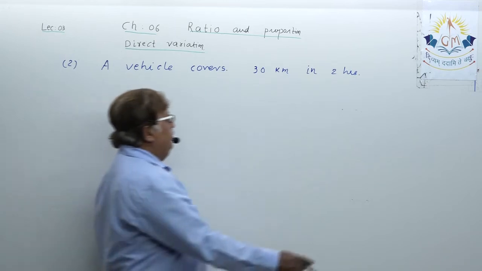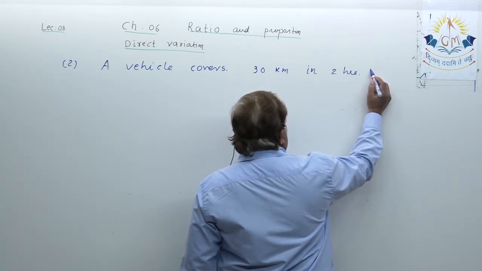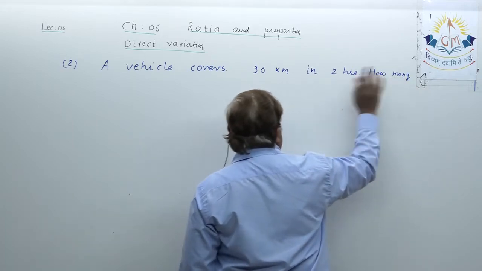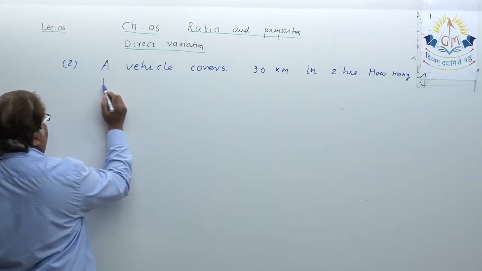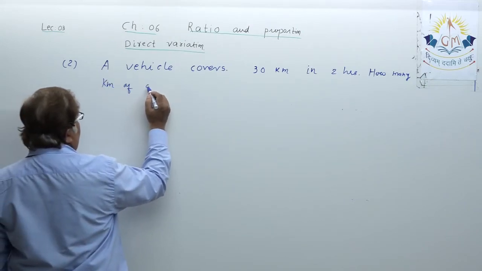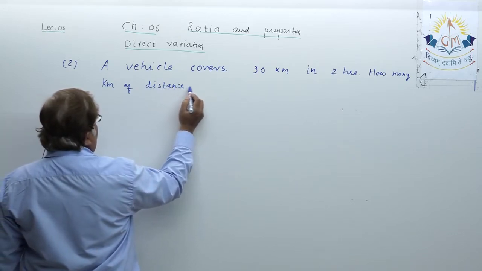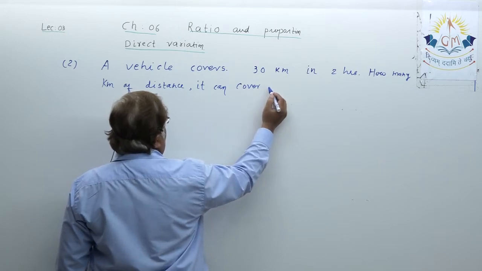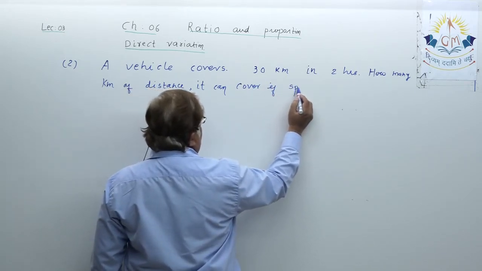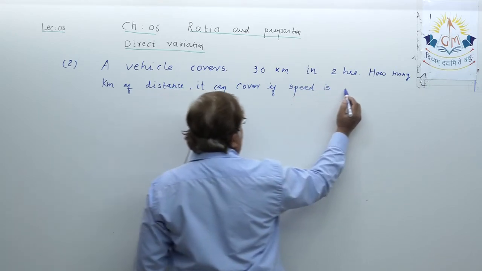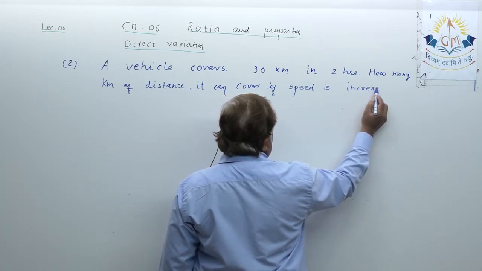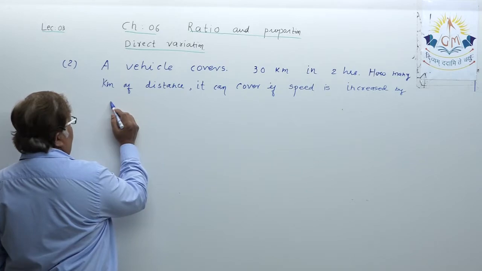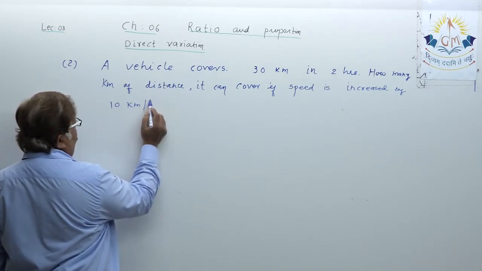Right. Now the question: how many kilometers of distance can it cover if speed is increased by 10 kilometer per hour.